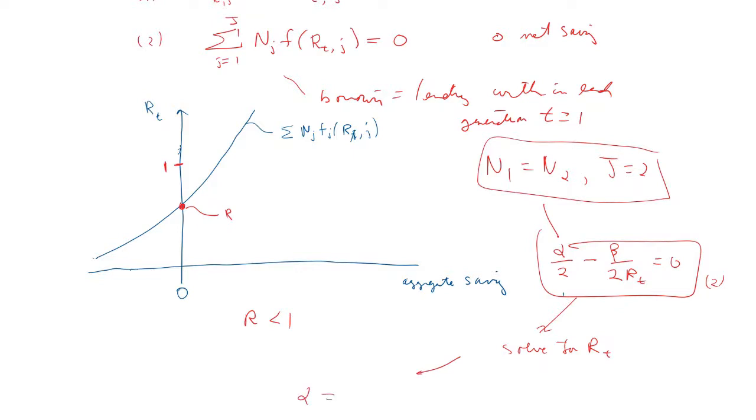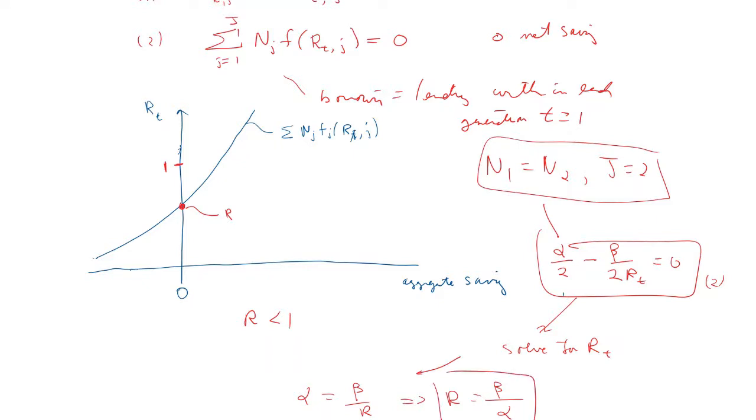If we have alpha equal to beta over R, that would imply that R is equal to beta over alpha, if I did that right.